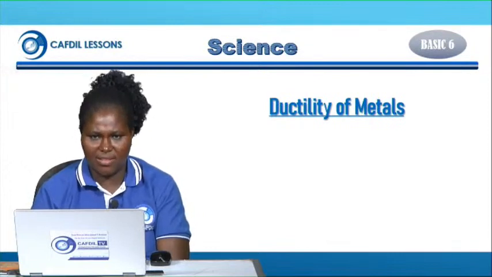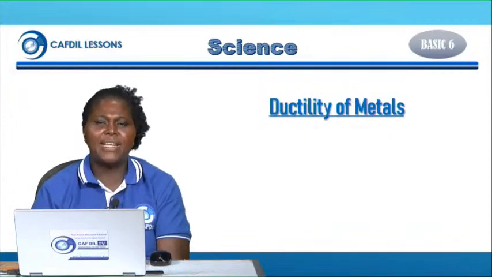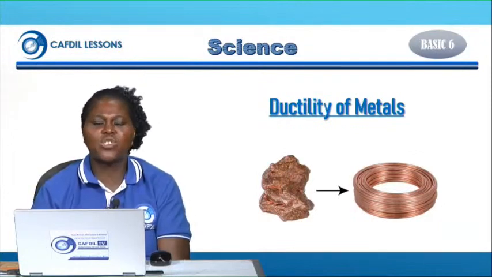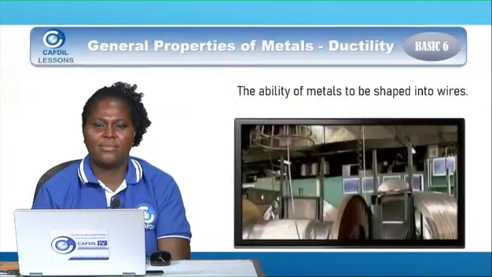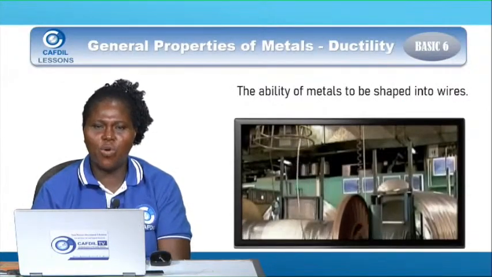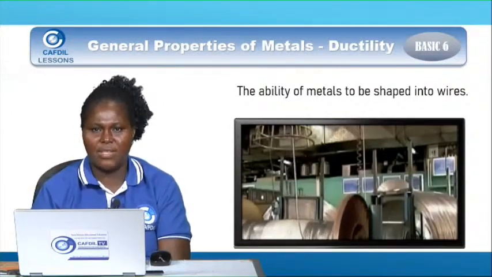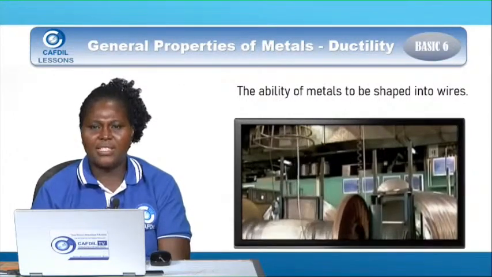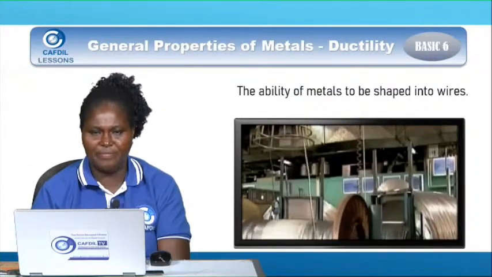Ductility of metals. What do we mean by ductility of metals? Now this metal is copper, and it has been shaped into wires. We can see a video on our screen. The ability of metals to be shaped into wires is ductility.